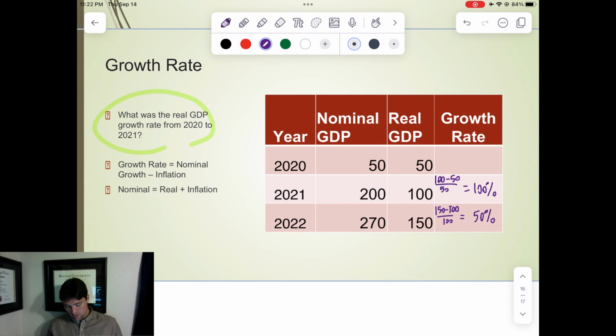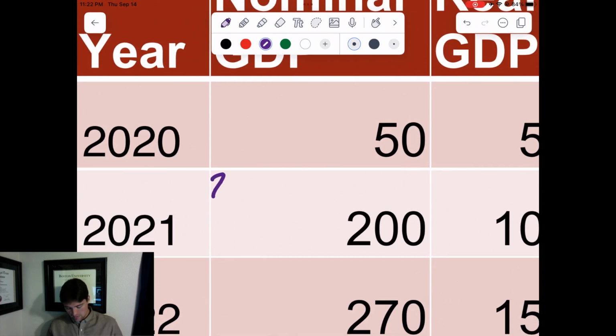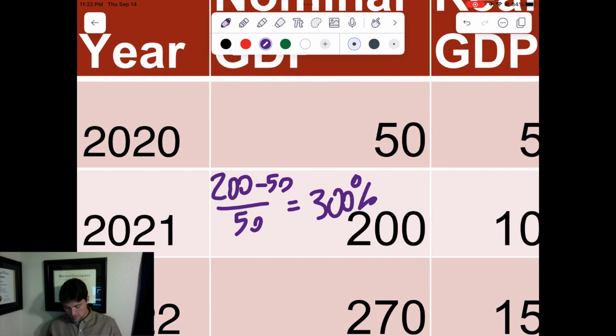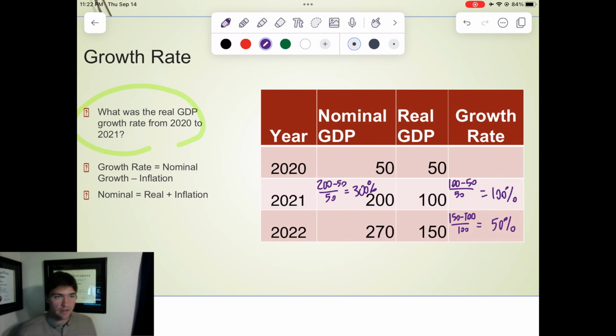Now, when I was talking about nominal minus inflation, we'll take the nominal, same idea: 200 minus 50 divided by 50, and that should be 300%. So if the economists do the GDP part, and then statistics does the inflation part, we'll come together and say, okay, we have 300% nominal growth, and they'll say, okay, we have 200% inflation.